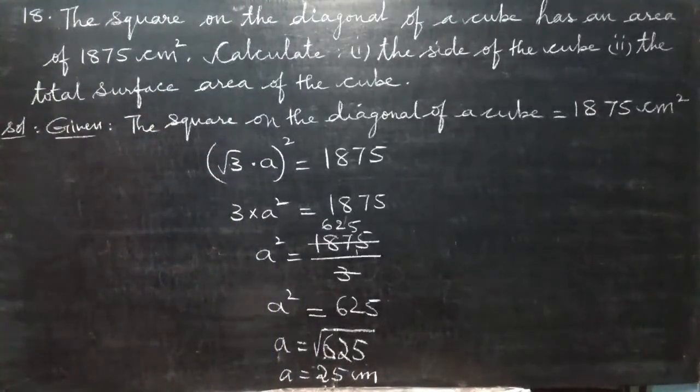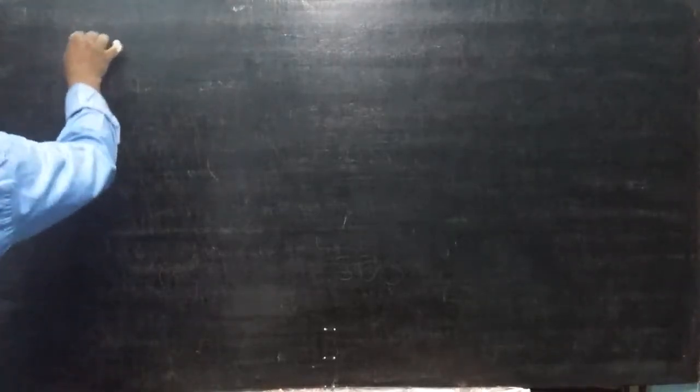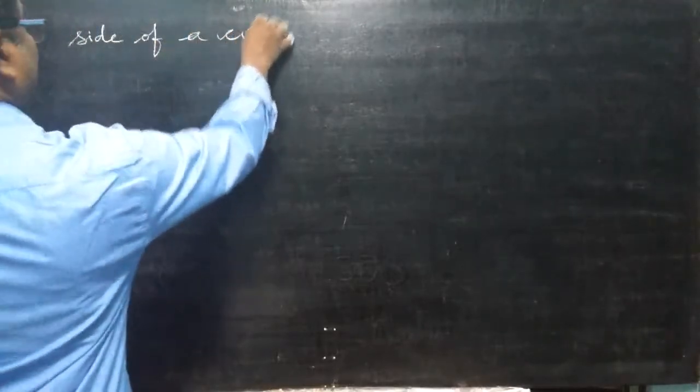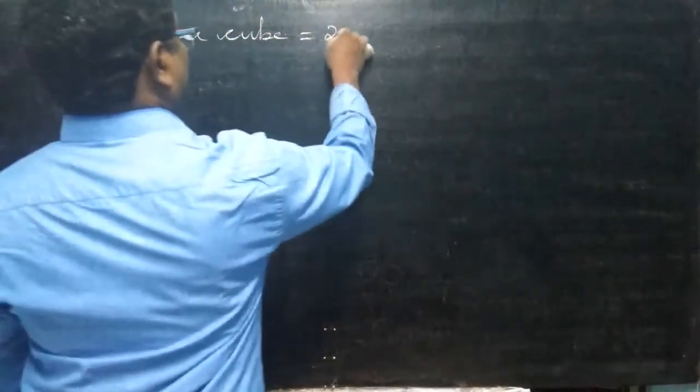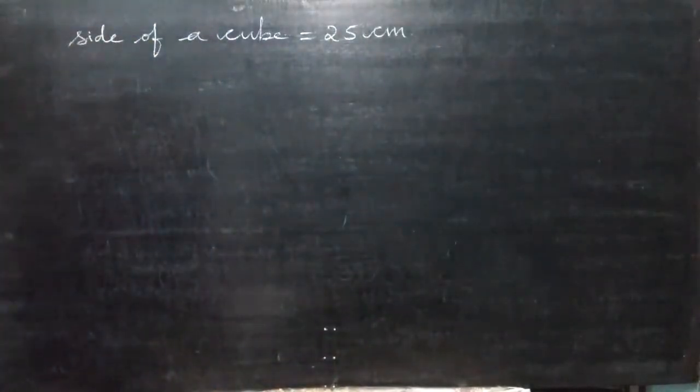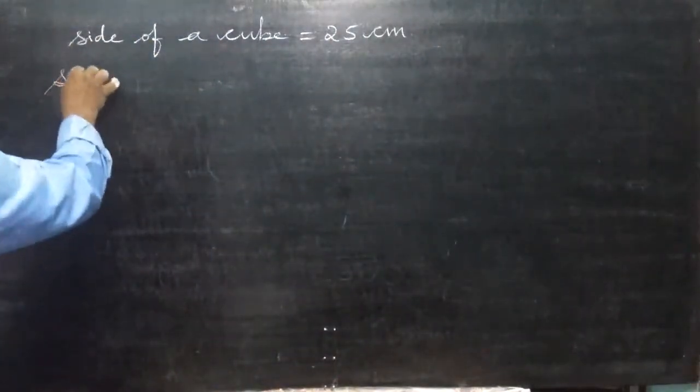Now next we are going to find the total surface area of a cube. We got the side of a cube is equal to 25 centimeters. Now they are asking to find the surface area.